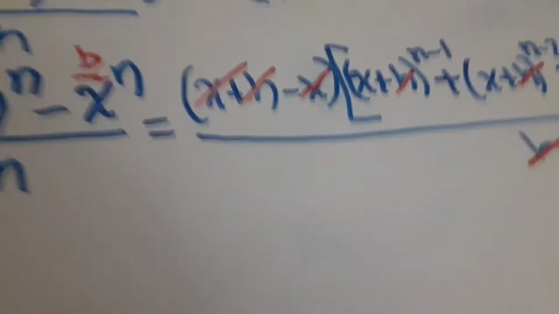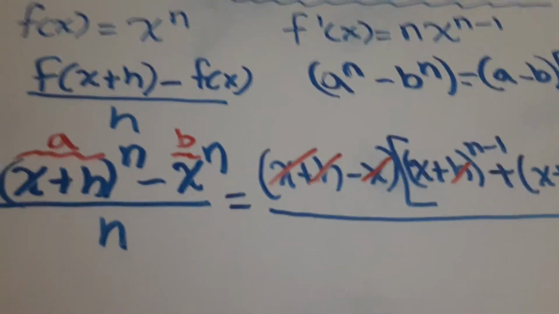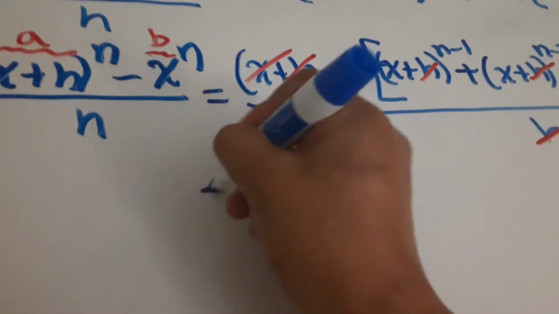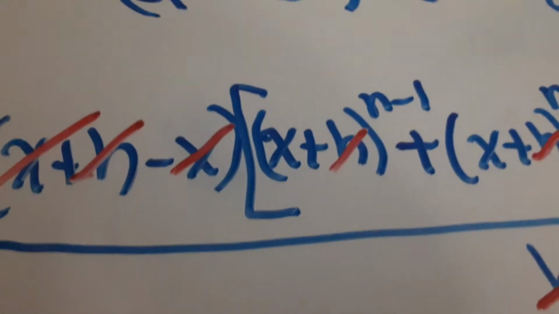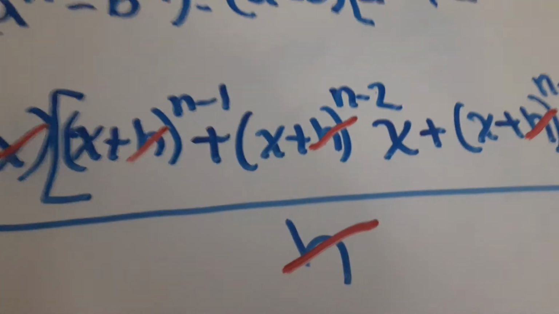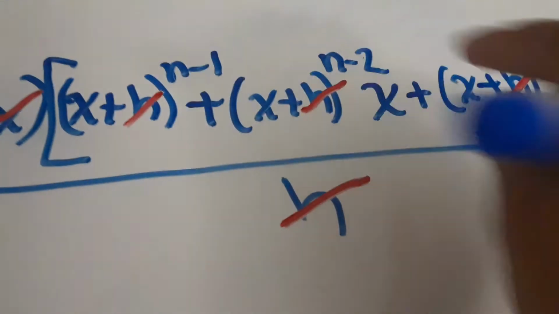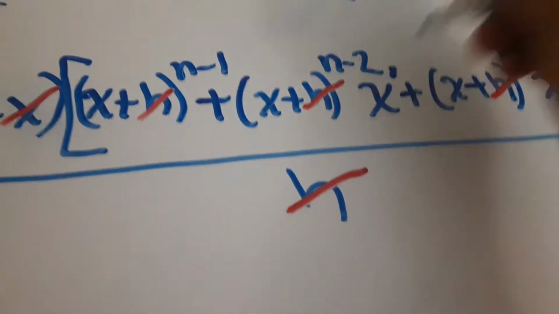All right. So then what we have, let's continue now. I have equals x to the n minus 1, right? Here, because h is gone. The second term, x to the n minus 2 times x. Remember, this is exponent 1, right?